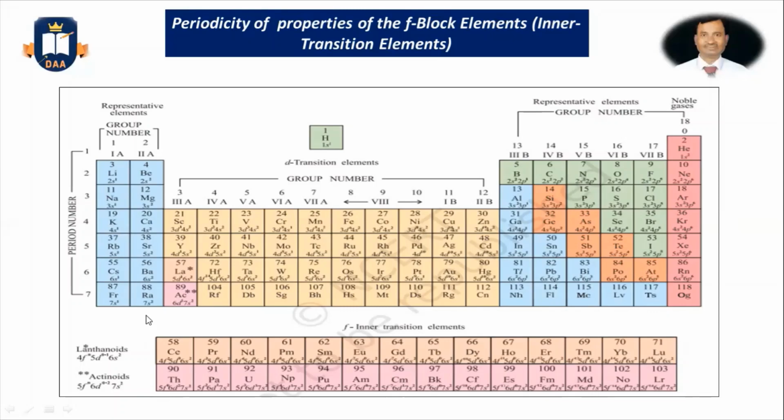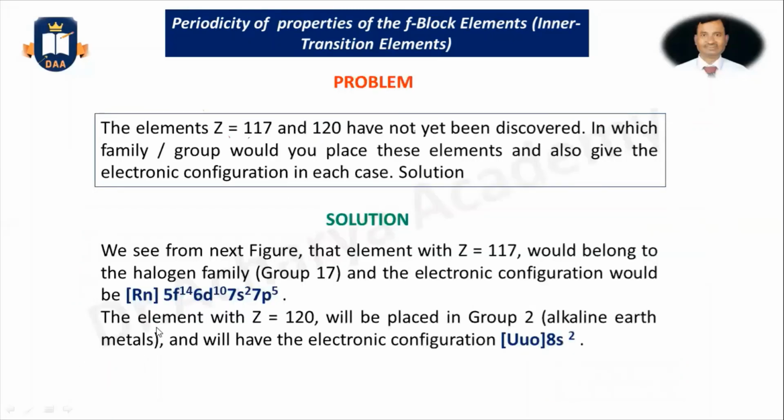So the element with atomic number 120 will be placed in group 2, the alkaline earth metals, and it will have the electronic configuration [Uuo], whose meaning I discussed in the previous class. This is the inert gas configuration, and 8s2.